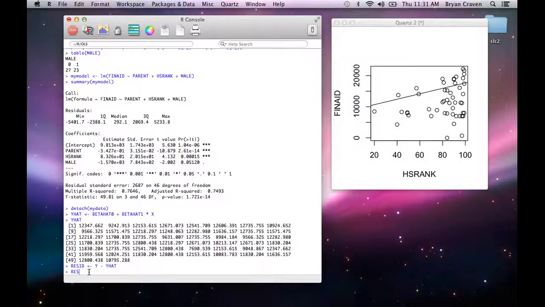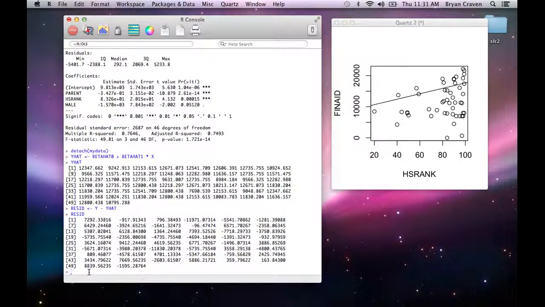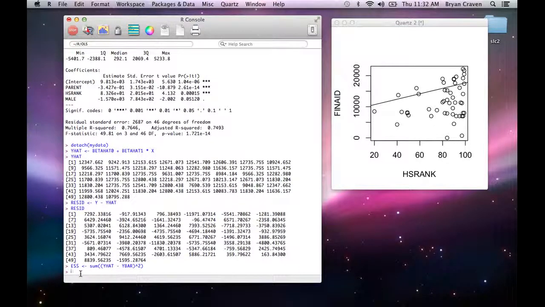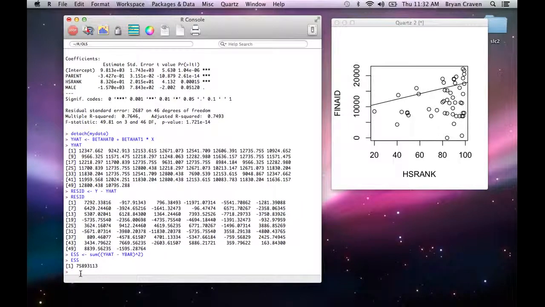And we can look at resid. We've got a bunch of residuals there. And now you can calculate the explained sum of squares as ESS is equivalent to the sum of that quantity, the sum of y hat minus the mean y bar, quantity squared. And then we've got the ESS, excellent.